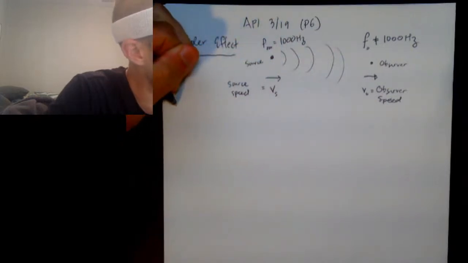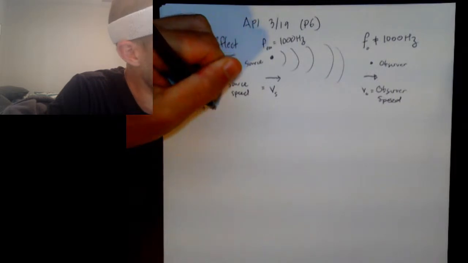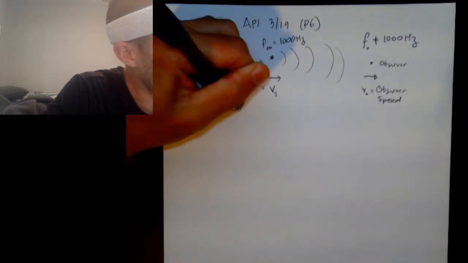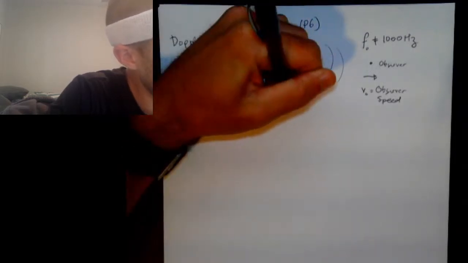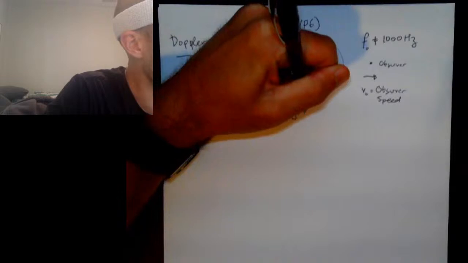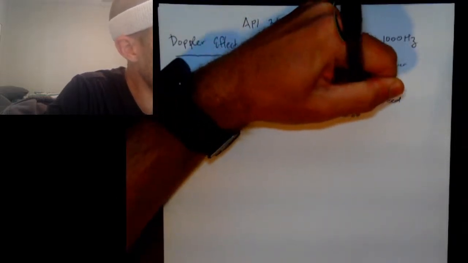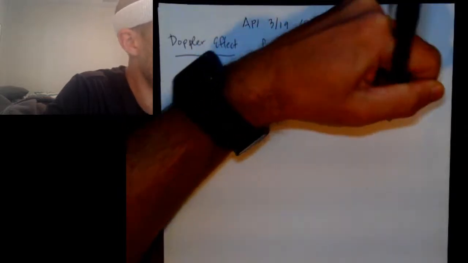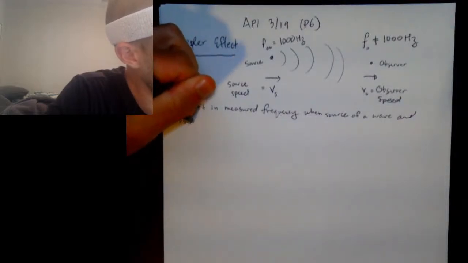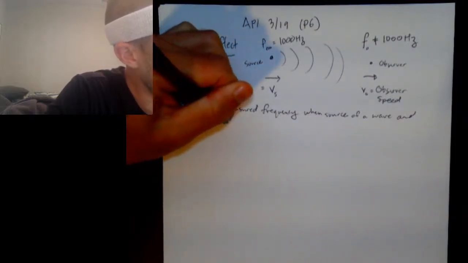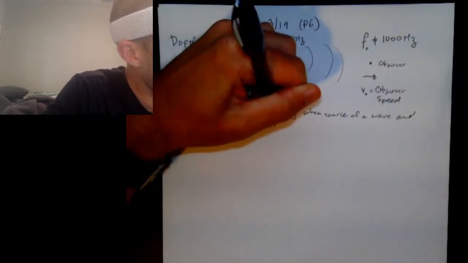It is a shift in the measured frequency when the source of a wave and the observer of a wave are in relative motion.